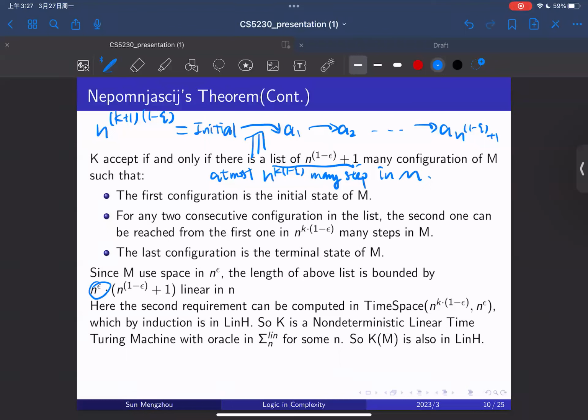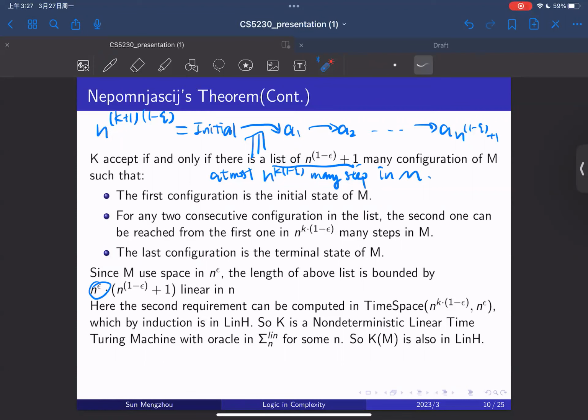And the second thing is the second requirement. It can be computed in this time space by just simulating M. And after this many steps, we just terminate. This can be computed in this time space hierarchy.